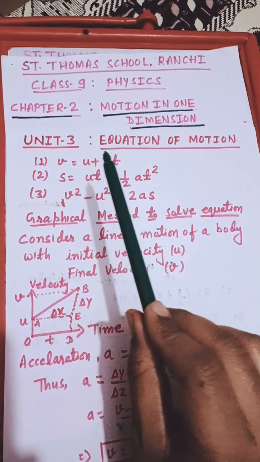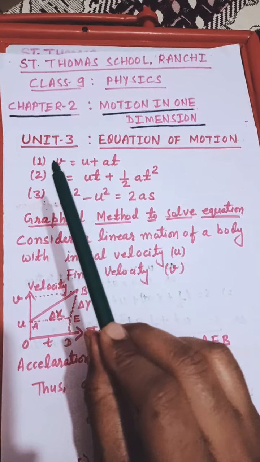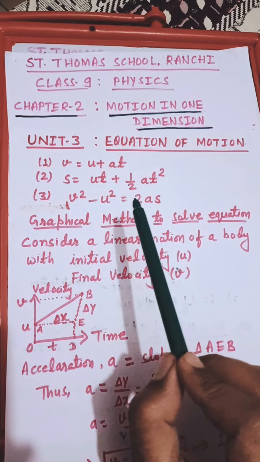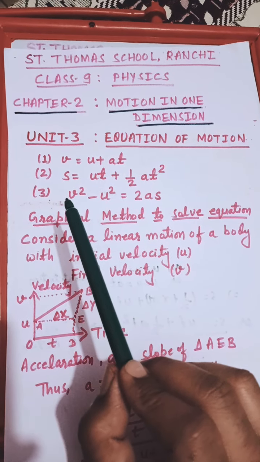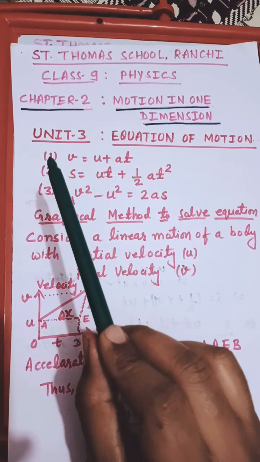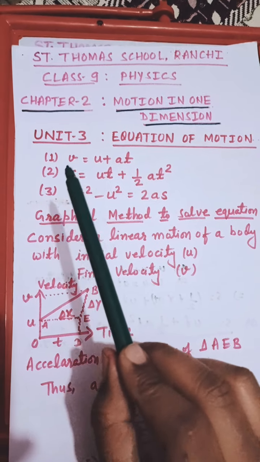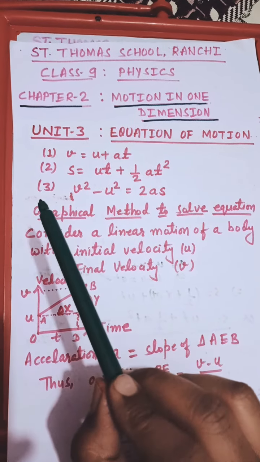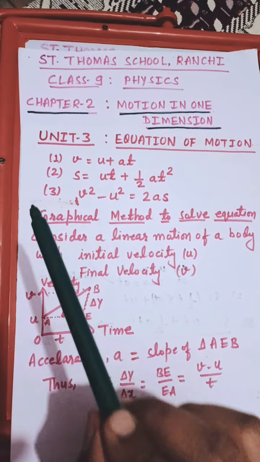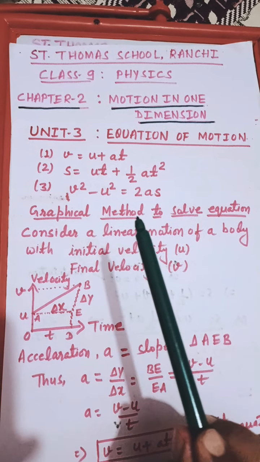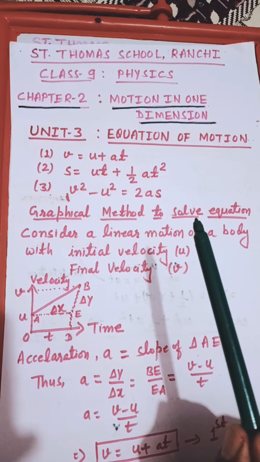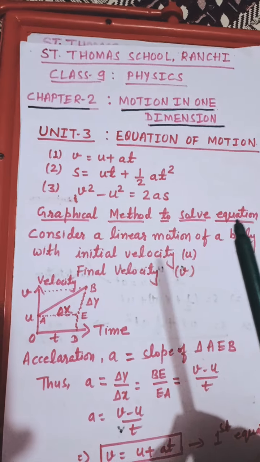I think you are all well acquainted with these symbols and these three equations of motion: first, second, and third. Now with the help of the graphical method we are going to derive all these three equations.